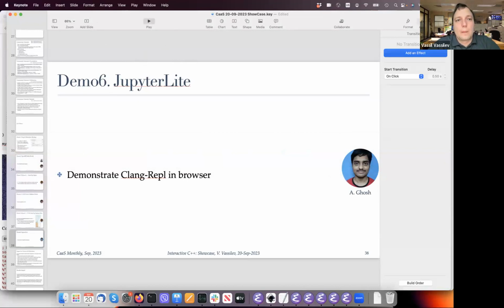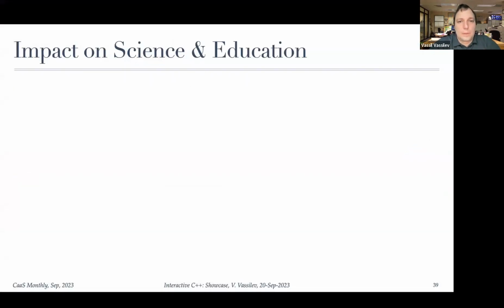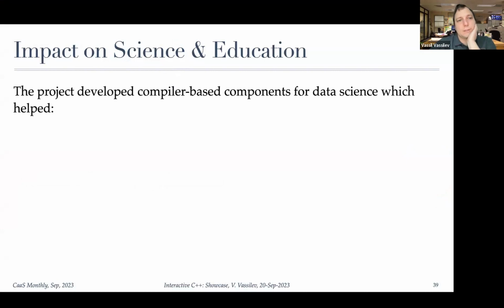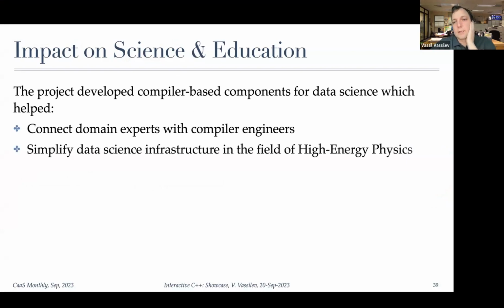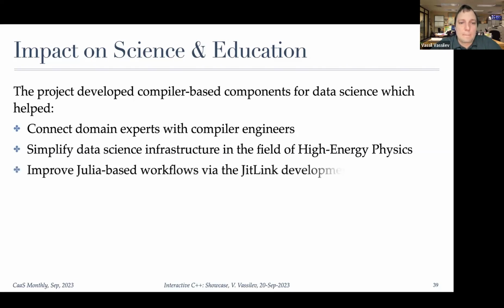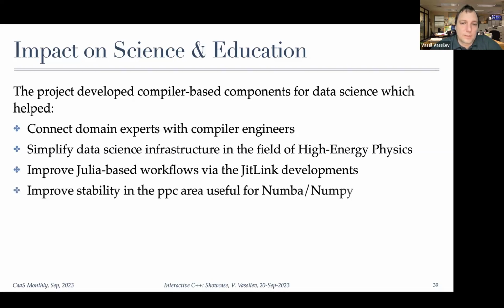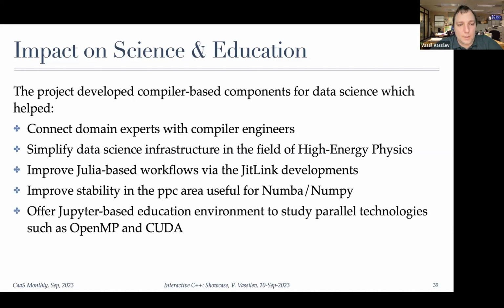To sum it up, during these years, I think we have achieved some impact on science, which helped connect the domain experts with compiler engineers, simplify the data science infrastructures, at least in our major scientific domain, the field of energy physics, improve some of the Julia-based workflows via the JIT Link developments, improve the stability of the PowerPC area, which is also useful for NumPy on PowerPC platforms.